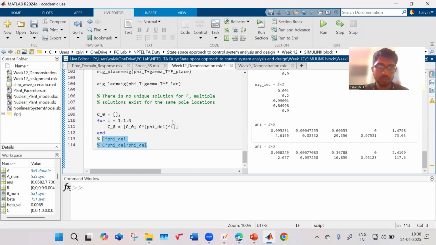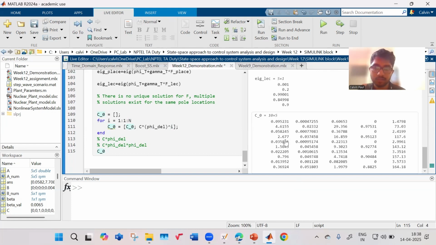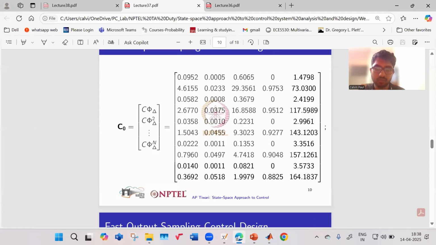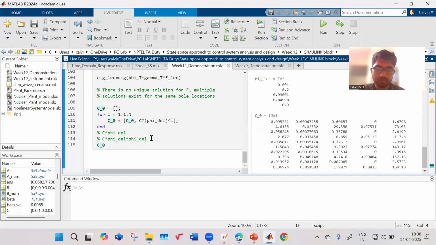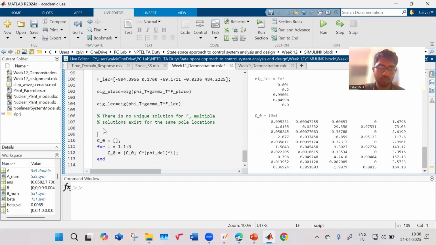Let's check what it comes out to. This is our C naught. Let's take the first column: 0.9095, 4.6155, 0.0582, 2.677, 0.0358, 1.5043, 0.022, 0.796, 0.014, and 0.362. Okay, it is something similar. So our C naught also is correct. So we have got a C naught. So this is for computing C naught.